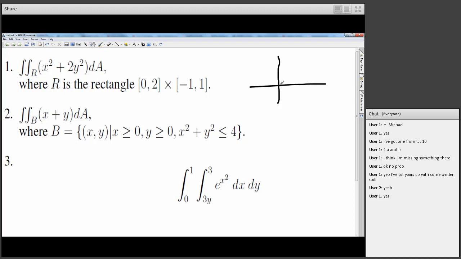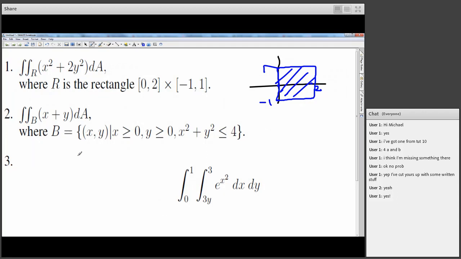The x-coordinate goes from x equals 0 to x equals 2, and the y value goes from -1 to 1. So I'm integrating this particular region. Now, being a rectangle, it's both type 1 and type 2, so I could pick either way I wanted to. Looking at the integrand, they pretty much both have x's and y's at the same sort of level, so it will make no difference which one you pick. So you just do this one as a straight iterated integral, and you're fine.